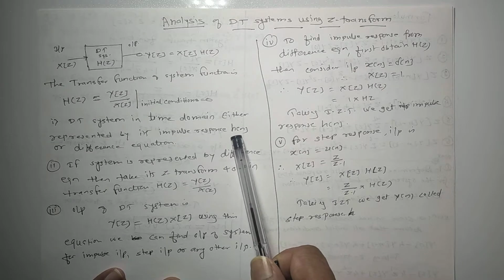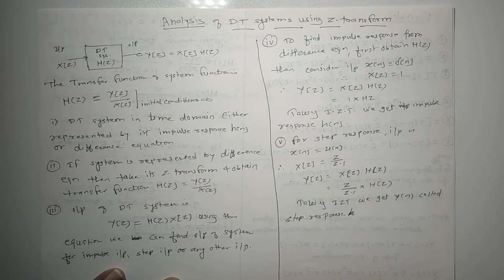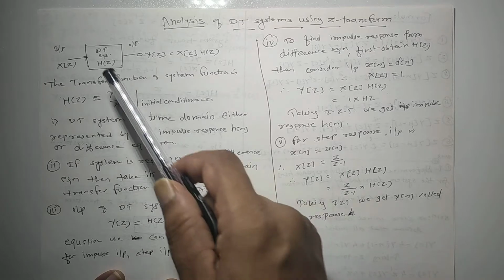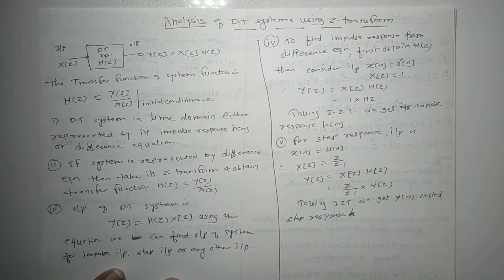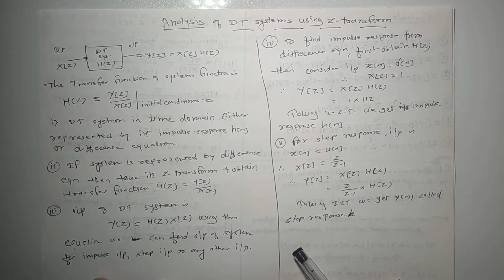Difference equation gives the relationship between input and output. The order of the difference equation depends upon the order of the system, which in turn depends upon the number of poles of the system, and the number of poles depends upon the number of energy storage elements in the system, like inductors and capacitors.